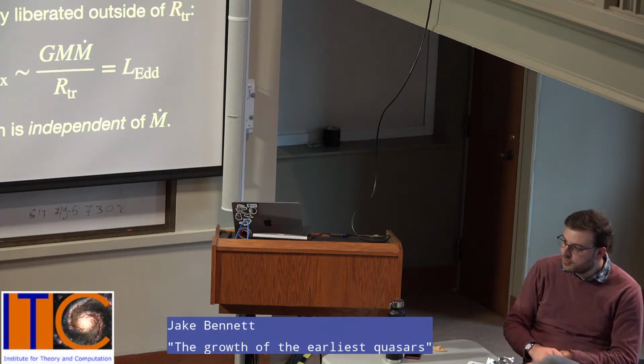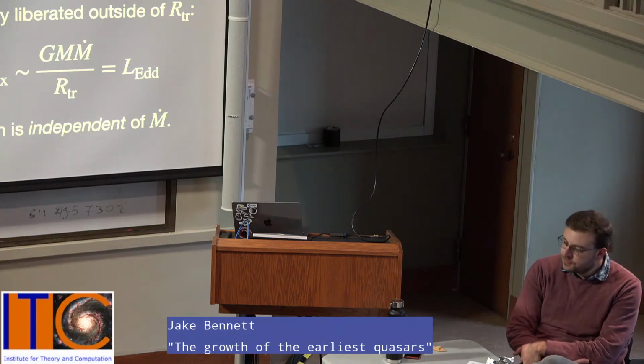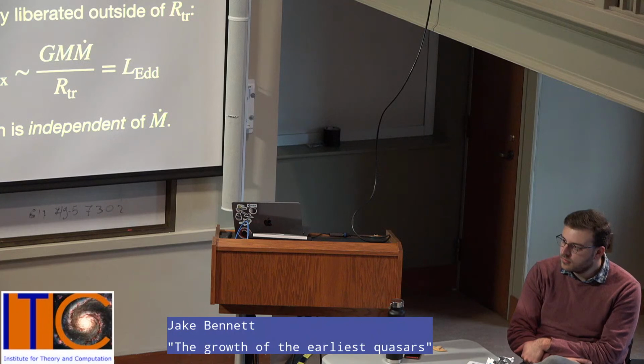Yes. So there used to be this old argument, the so-called Soltan argument, which said you can't have too many obscured quasars because the amount of quasar light that we do observe and the amount of black hole mass we have in the universe kind of match.